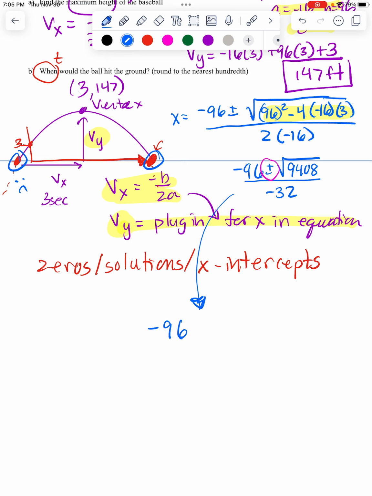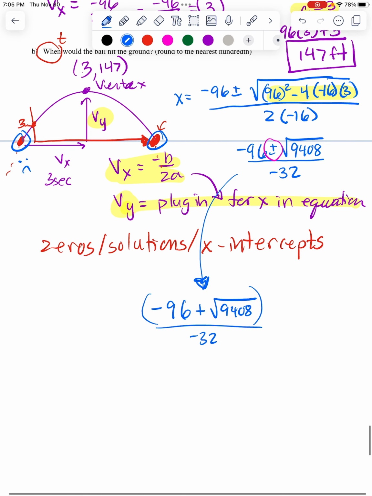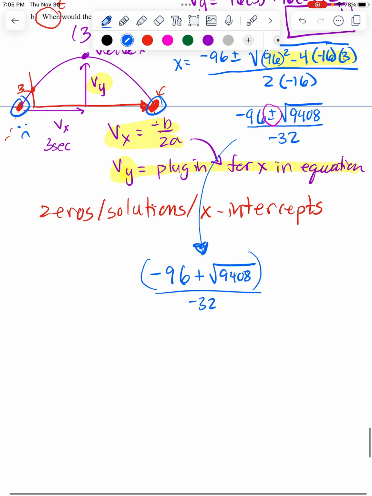I'm going to separate it into the one where you add it to the square root of 9408 and then take that answer and divide by 32. You have to do this whole thing first. And so when I do that on my calculator, I get a negative number. I don't have my calculator right here, so I don't know that number. But because it's negative, it's before it was hit, and so this one doesn't make any sense. So this is going to be the one we're not using.